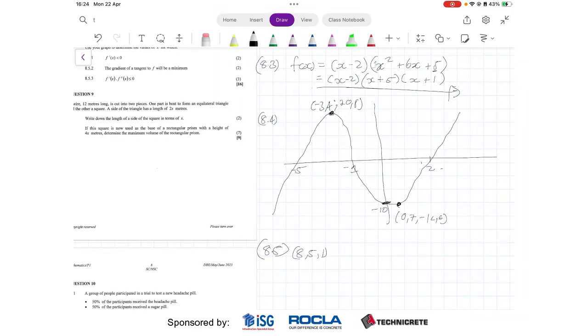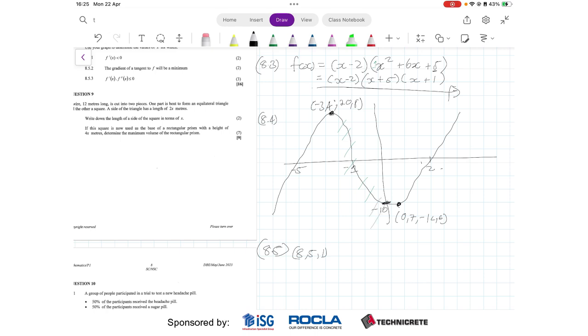For which values of x is f prime at x less than 0? We are looking for points on the graph for which the gradient is negative. And the negative gradient occurs when the graph is slanting backwards. So this point right here.